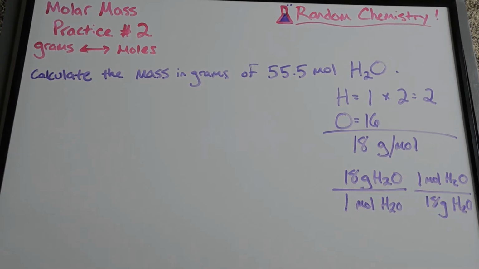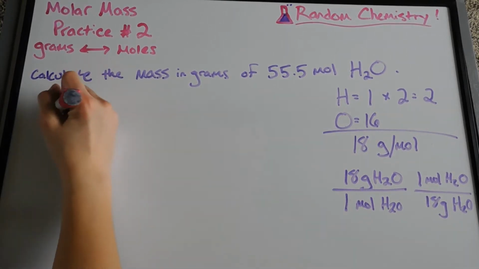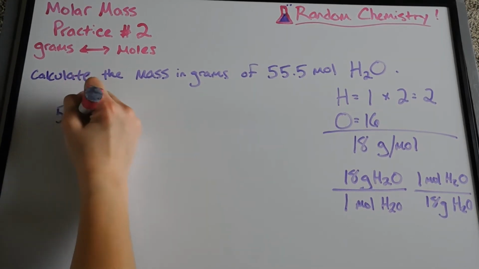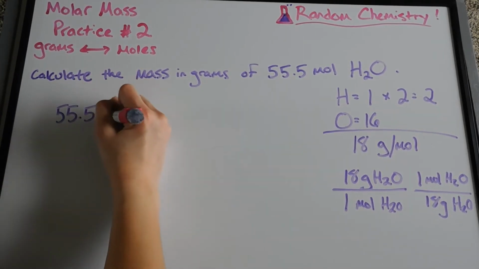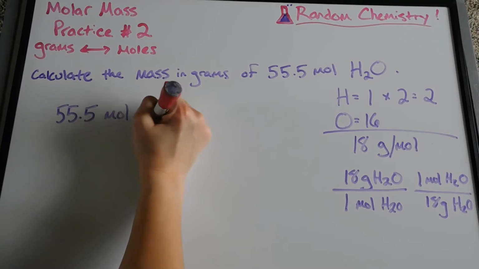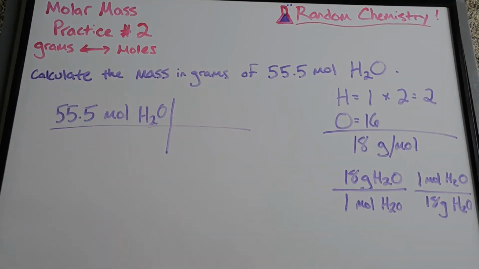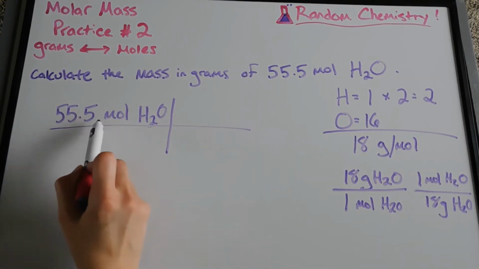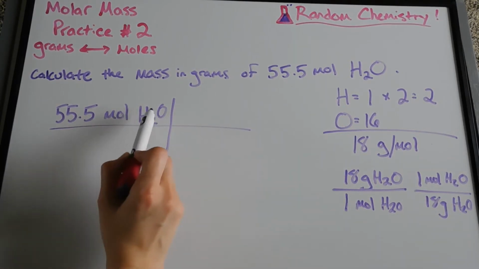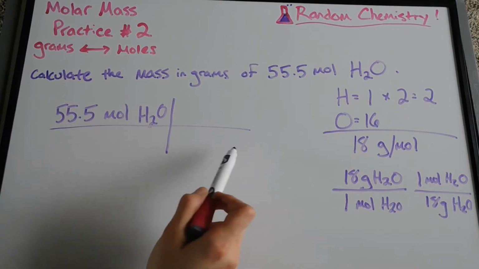So now let's use dimensional analysis to solve this equation. Start with what we're given: 55.5 moles of H2O. We draw our lines, and now we use a conversion factor. If I have moles of H2O on top, I want moles of H2O on bottom.